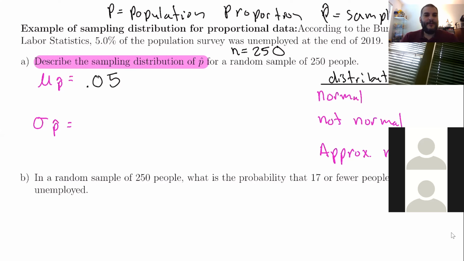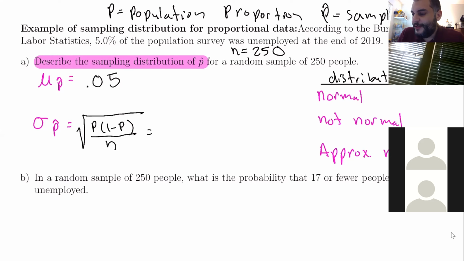All right. So yeah, you're welcome, Alan. So up next, we're gonna go ahead and do sigma of p hat. So sigma of p hat, you have to just remember the formula, or you just make sure that you have the formula jotted down somewhere. So sigma of p hat will be equal to the square root of p times 1 minus p divided by n.